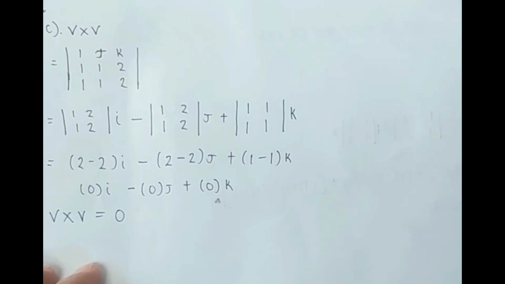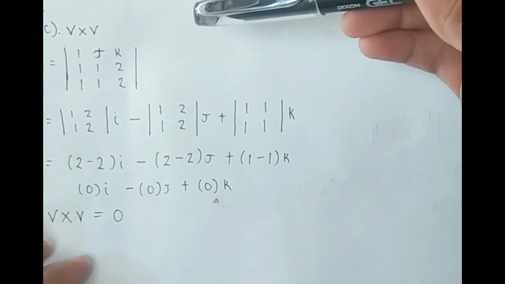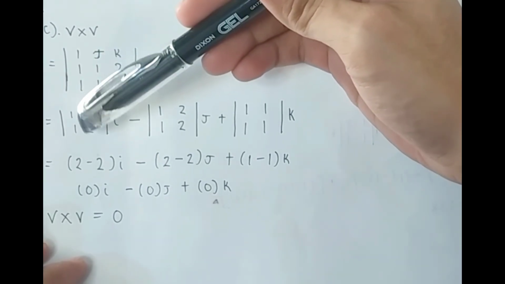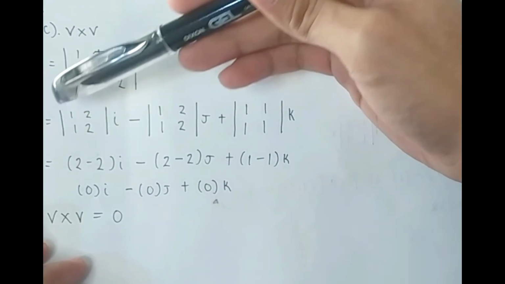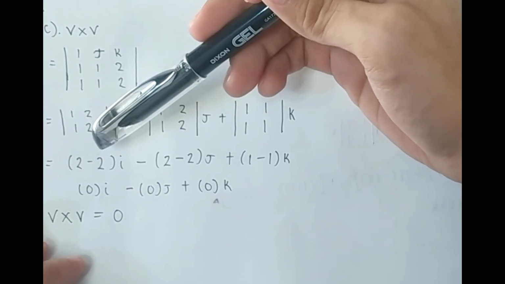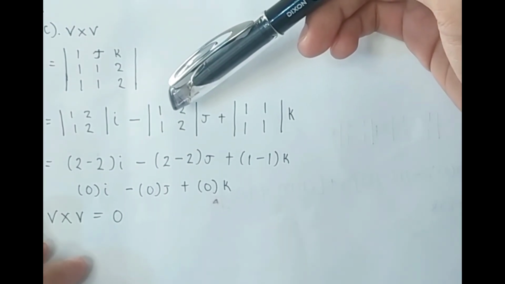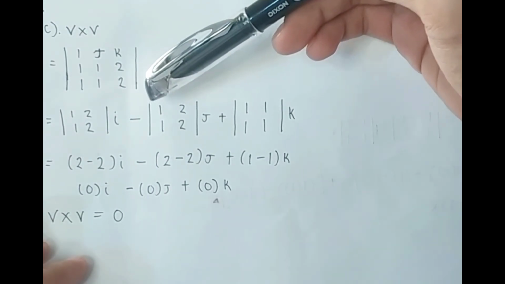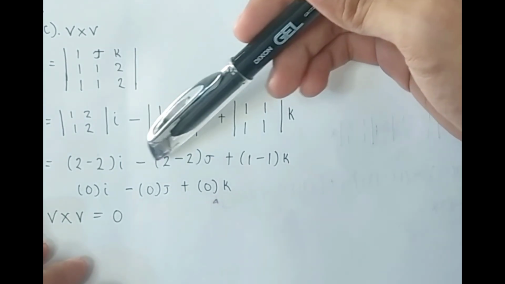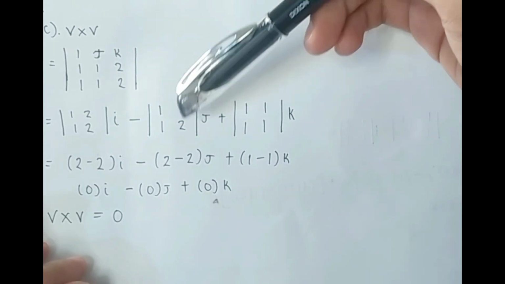Then we will cross multiply each scalar. So 1 times 2 is 2 minus 1 times 2 is 2. So 2 minus 2 is 0i. Then to get j, 1 times 2 is 2 minus 1 times 2 is 2.